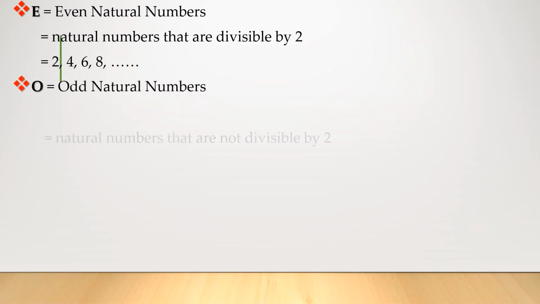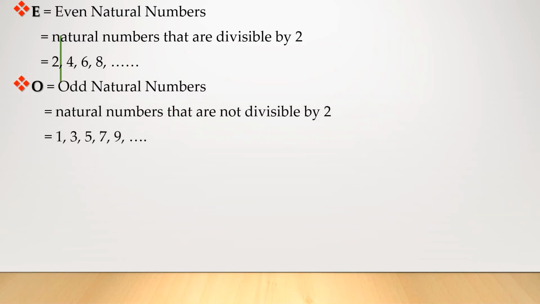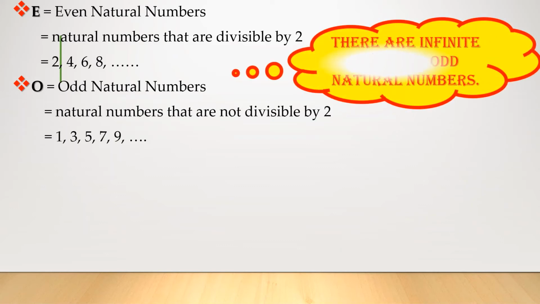The capital letter O denotes odd natural numbers, which contain all the natural numbers that are not divisible by 2, that is 1, 3, 5, 7, 9, and so on. There are infinite even and odd natural numbers.